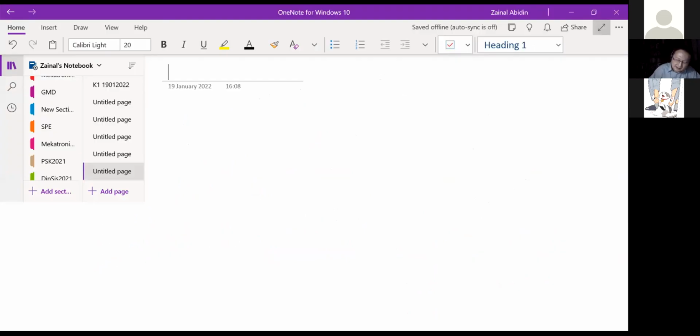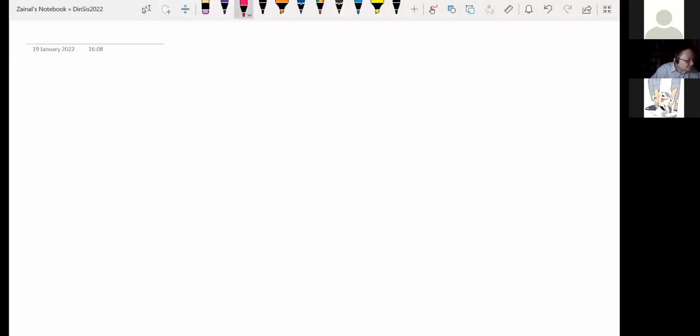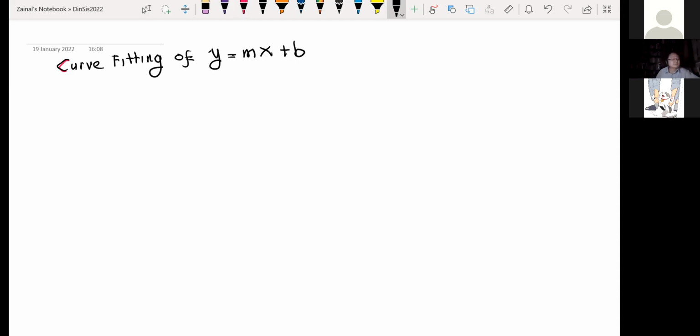Okay, let's derive the curve fitting of y equal to mx plus b. So this one is the experimental data.